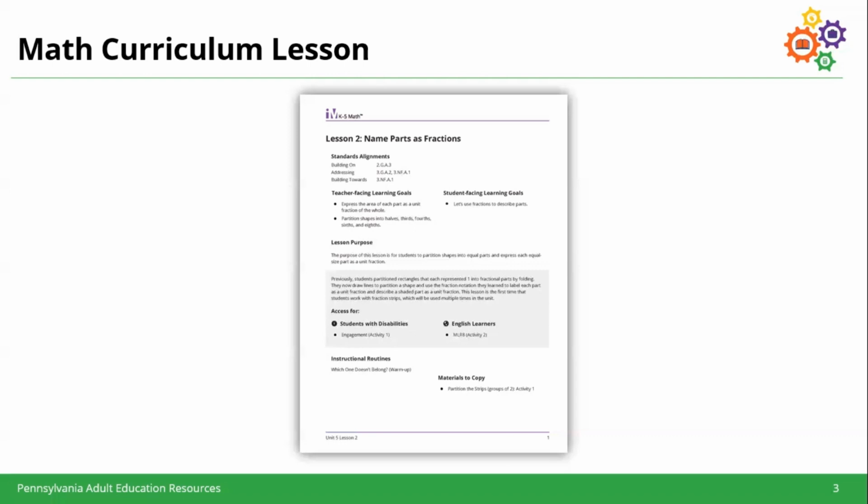procedures. A typical lesson within the math curriculum includes a warm-up activity, one or more instructional activities, a lesson synthesis, and a cool-down activity. An activity can serve one or more of many purposes.